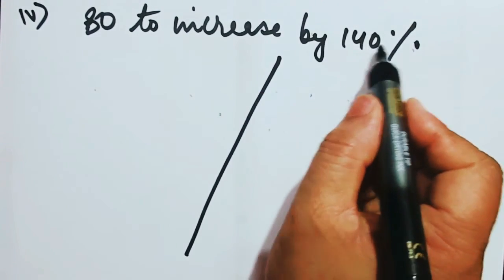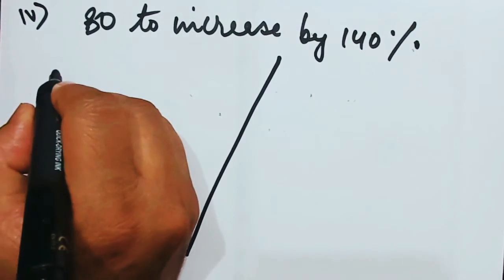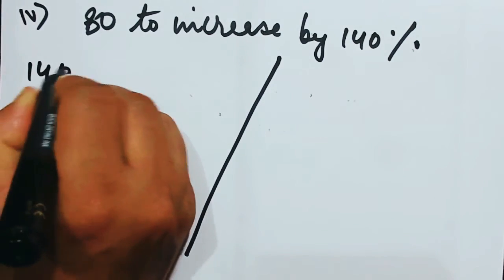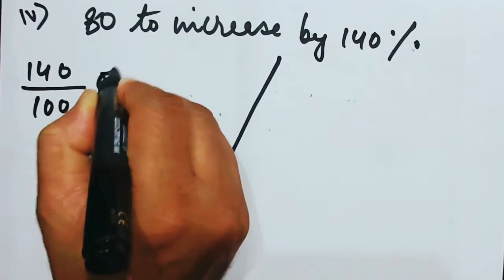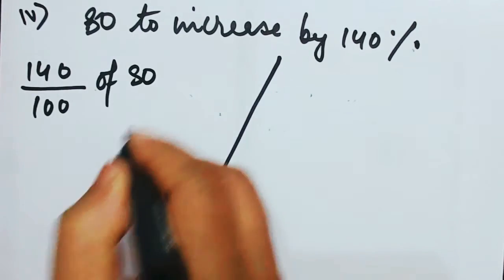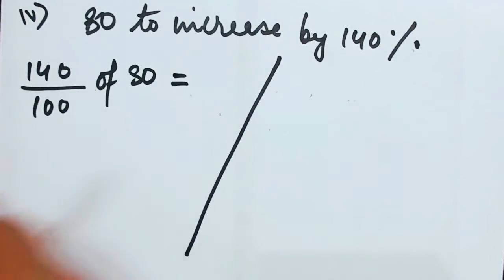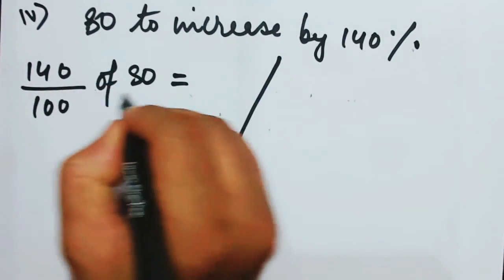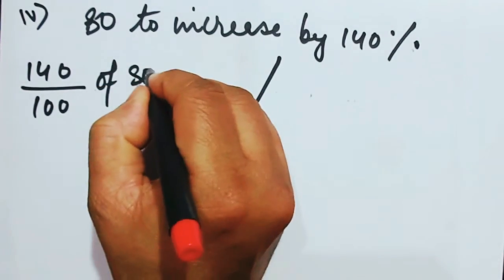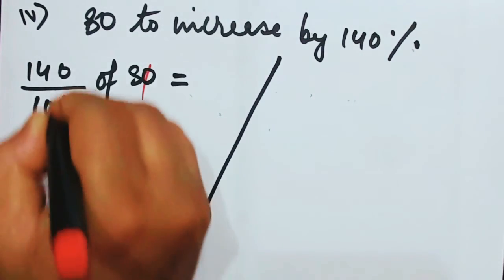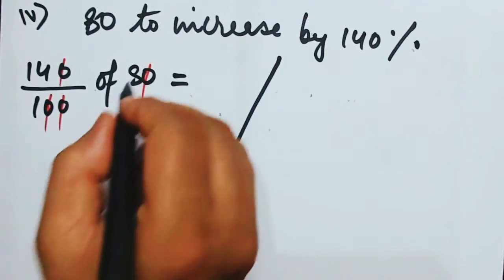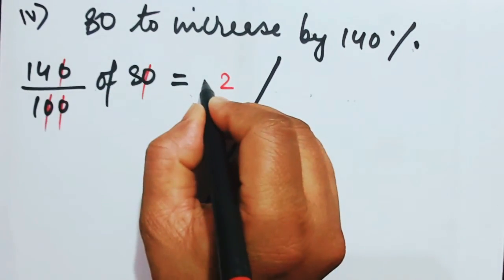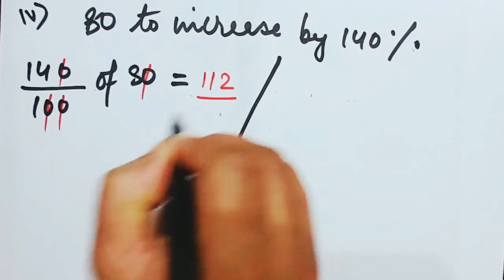So let us find out 140% of 80 first, which is known as your traditional method. 140% of 80 will give you how much? Let us cancel this. So on solving this, 0 gets cancelled, 0 gets cancelled, 8 fours are 32, 8 ones are 8 plus 3, 112.